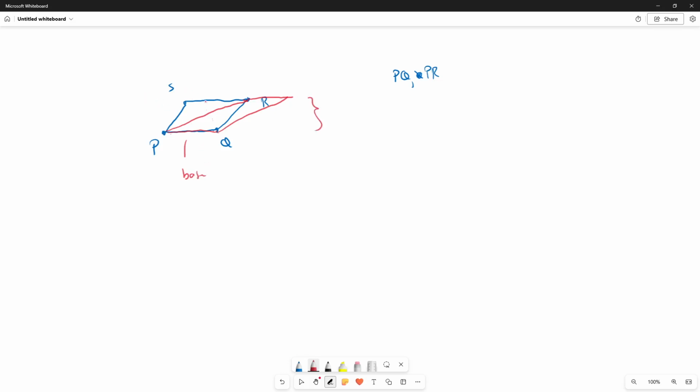The height is the distance between this side, SR, and this side, PQ, which is the same as the vertical distance between this side, which is just a horizontal extension of SR, and PQ. So these two parallelograms will always have the same area.